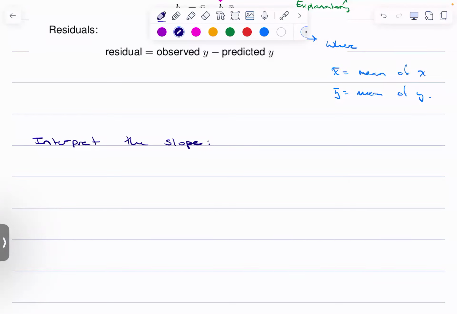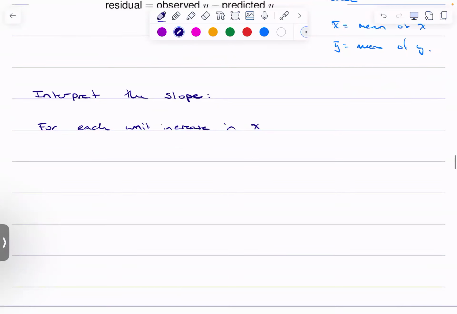The general interpretation is for each unit increase in x, we expect a slope increase in the predicted value of y.